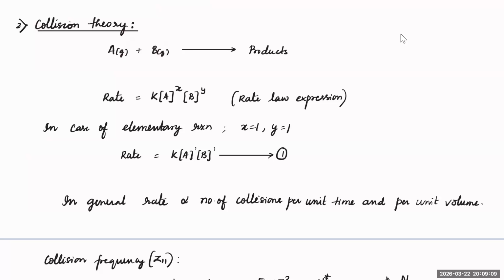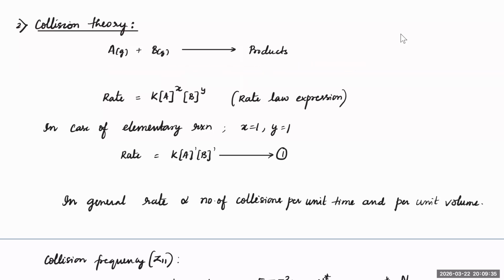So assume two different molecules are colliding with each other, then the rate can be expressed as some constant times [A] raised to the power of x and [B] raised to the power of y, where x and y are the respective orders with respect to the reactants, and x plus y is the order of the reaction. Consider this is an elementary reaction.